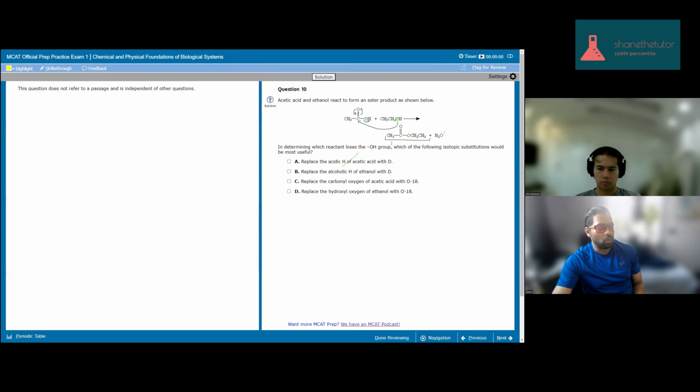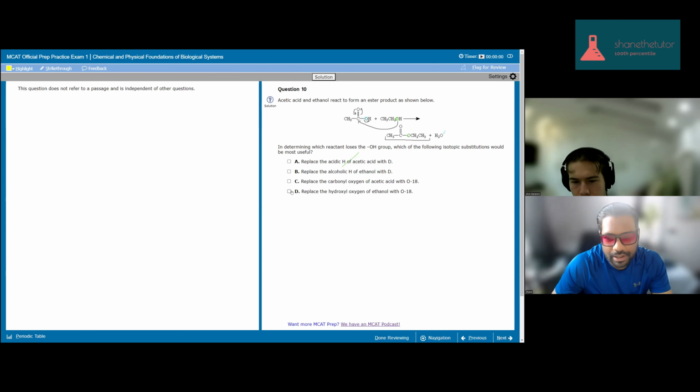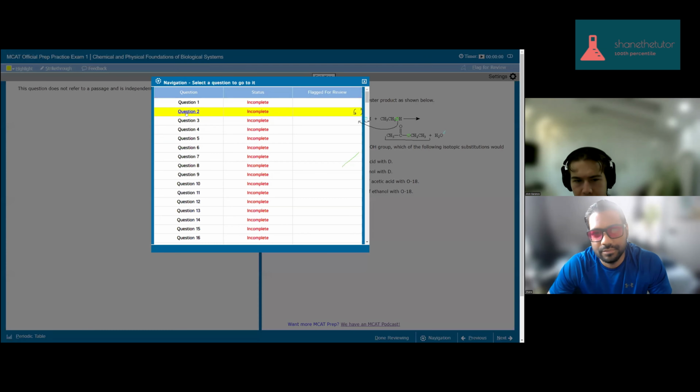We want to see what changes, and what changes is we are taking the oxygen of the ethanol and adding it to the acetic acid. The carbonyl oxygen doesn't change. It's the same one. So it should be the hydroxyl oxygen, right? Yeah. Okay.